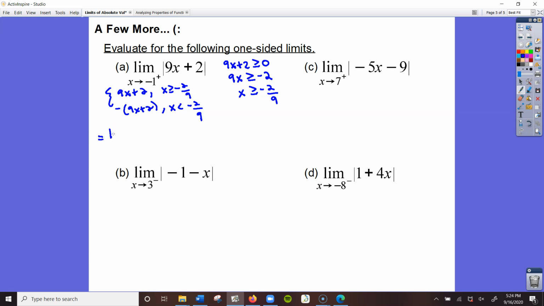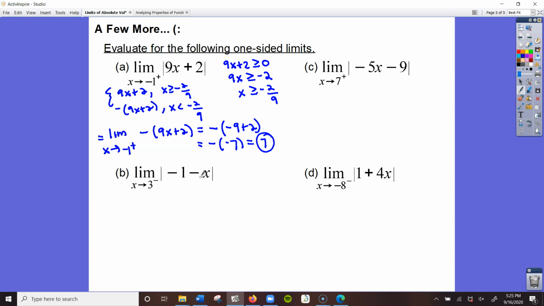Therefore, the limit as x is approaching negative 1 from the right, plugging into the bottom, would be negative 9x plus 2, and now I plug in negative 1. When I do that, I get negative on the outside. 9 times negative 1 is negative 9 plus 2. This would then give me negative times negative 7, which leaves me with my answer of 7.